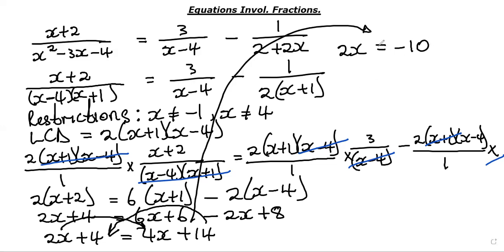From this point, we divide both sides by 2. We can do that because we are doing maths. So it means your x will just be negative 5. Do you see that? Yes. And then you should be happy and done with this question.